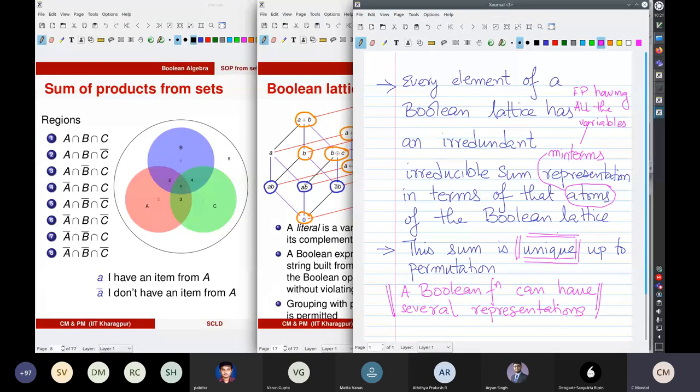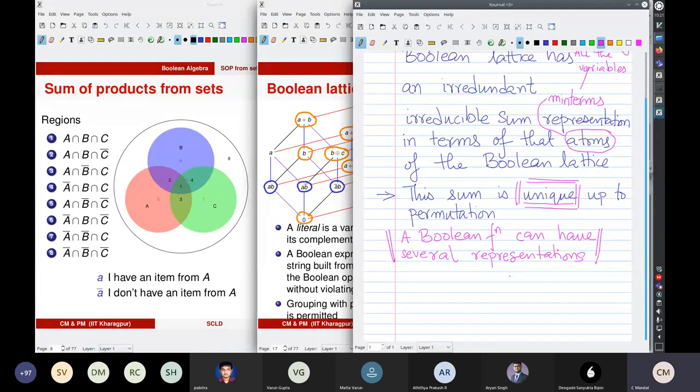Such a representation is also called a canonical sum, called SOP, maybe I can just write canonical sum.